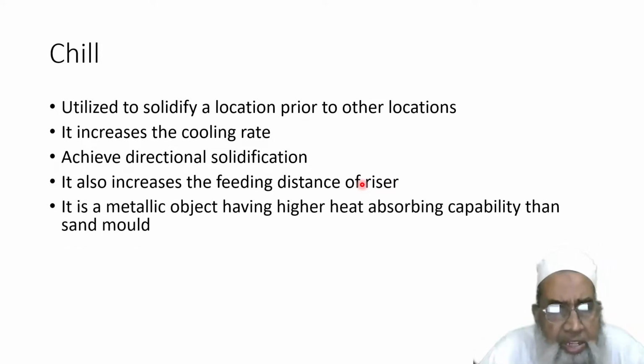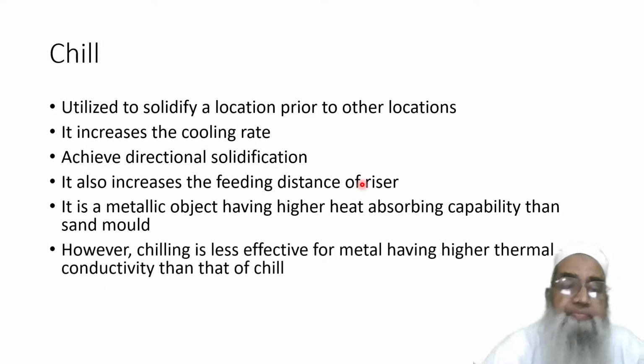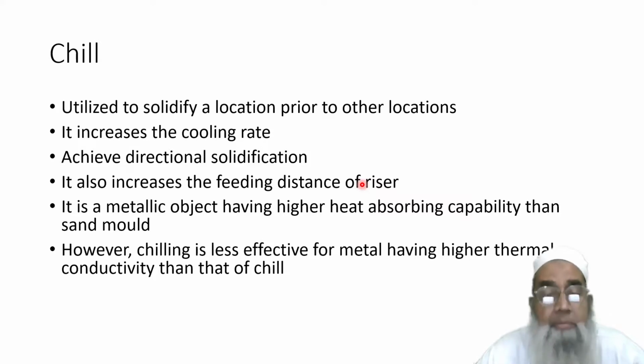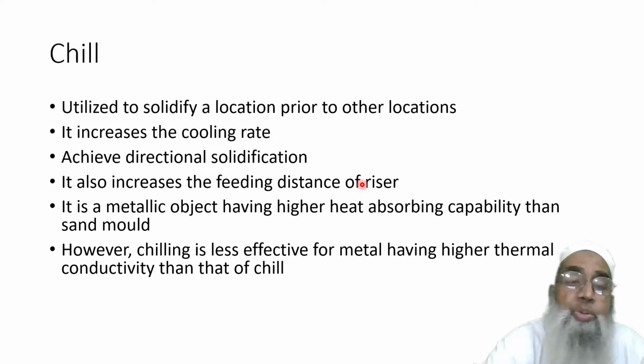Now, what is a chill? A chill is just a metallic object having higher heat absorbing capability than the sand mold, and therefore the cooling rate will get enhanced. But as we know, if the thermal conductivity of the chill is less, then it will be less effective, and therefore we should choose a chill which has a higher thermal conductivity.